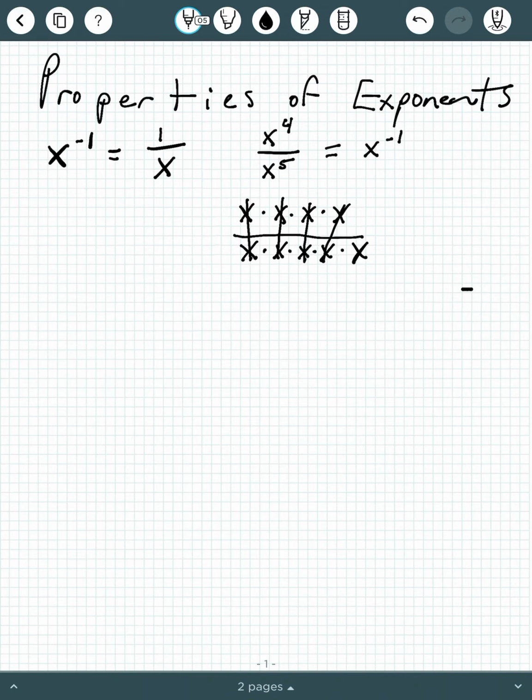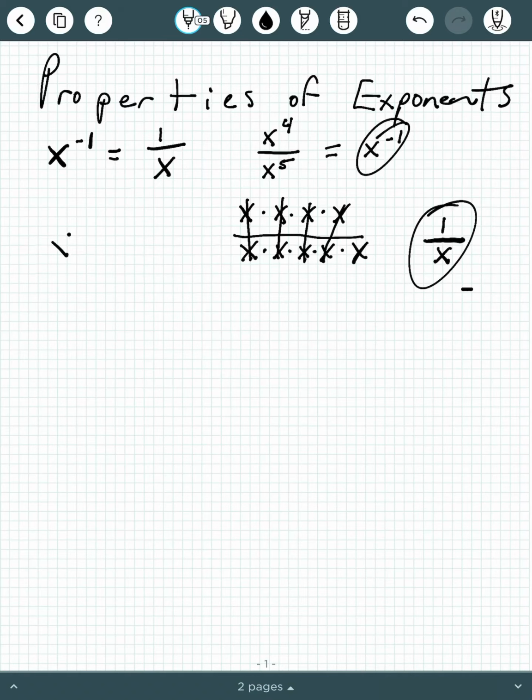And what happens here is everything divides out to be a 1 except for the remaining x on the bottom. We have a 1 in the top still, because that 1's just a placeholder, but we see that x to the fourth over x to the fifth is also 1 divided by x. So x to the negative first is the same as 1 over x. That's a fact we'll need.